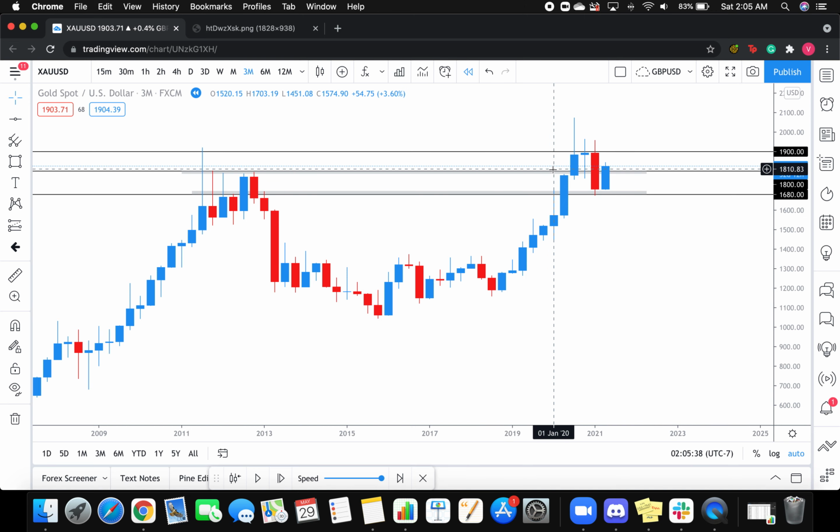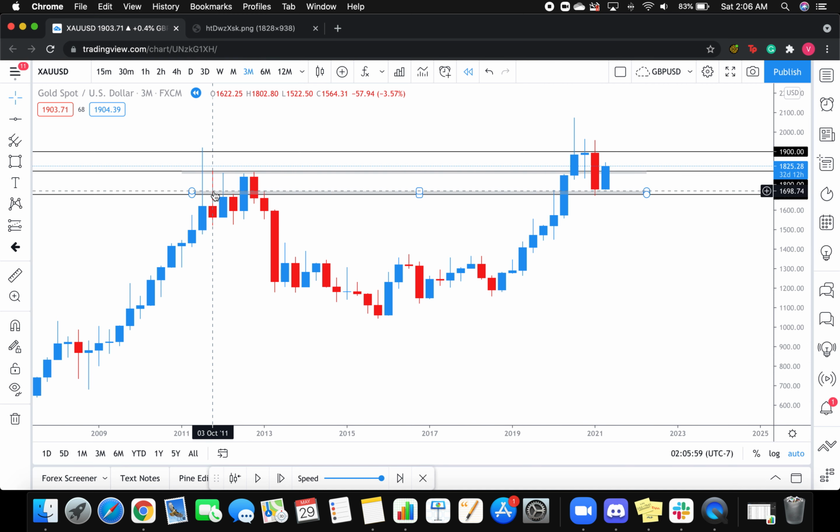So the 1800 zone that we're making here is this little consolidation resistance, and you'll see that a little bit more clearly when we drop down to the monthly time frame. But this zone was actually adjusted as we started to see some more price action and as price started breaking above 1800. So I'll show you that as well.